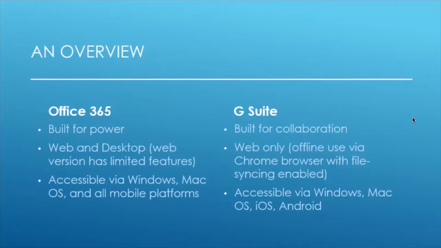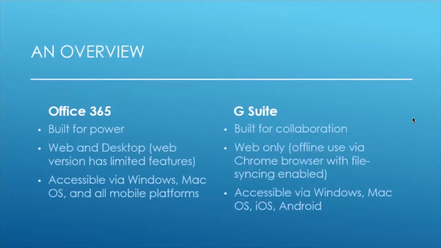Whereas G Suite, it's online only. You can, with certain limitations, use it offline, but there are no native programs on your computer that you can use standalone. So that is something to keep in mind if you are someone who uses those desktop applications primarily. Office 365 does have the edge there.